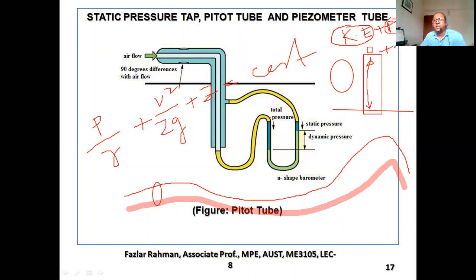So you have pressure energy. So a total of three energies remain inside the system. So a pipeline right over here, at this point, if I think this is my reference line.